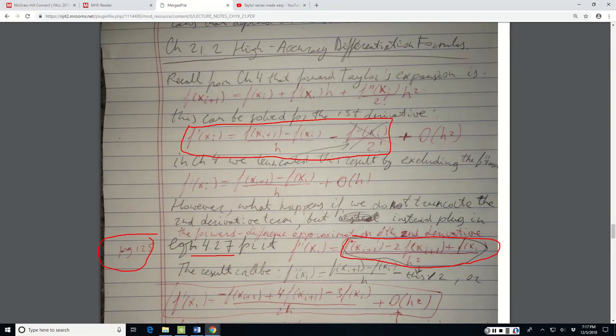This is a low order equation which tells you how to calculate the second derivative numerically. So you basically take it and plug it into here. When you simplify that, you will get this equation, which is a higher order first order derivative.